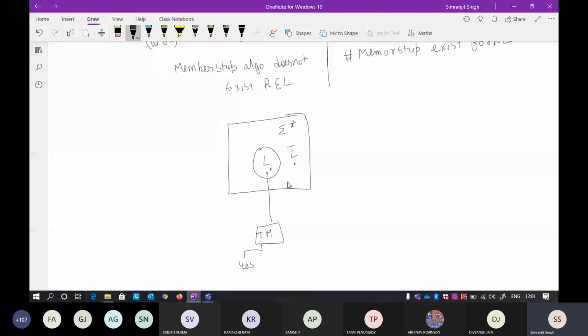But if I give L complement, meaning the string is not in the language, the Turing machine can either say no or fall into an infinite loop. But the statement says L and the complement of L are recursively enumerable.